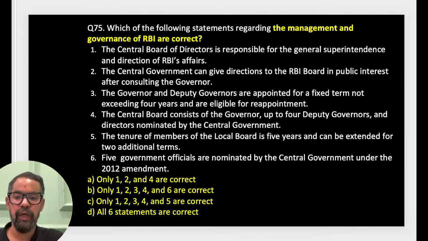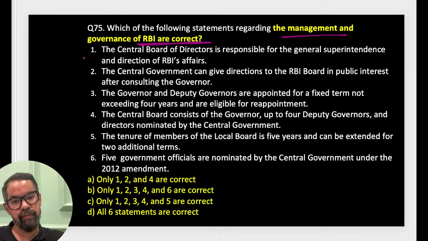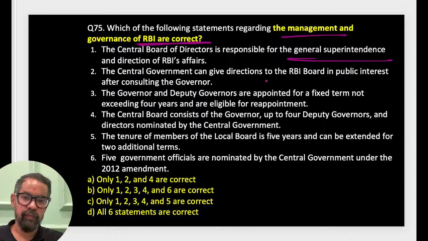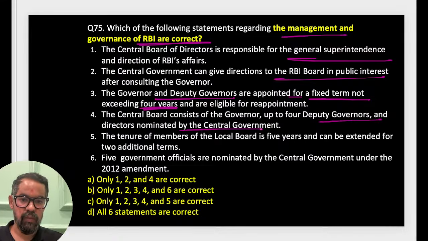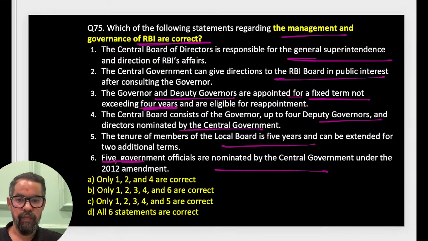Next one, guys. The last statement is wrong.